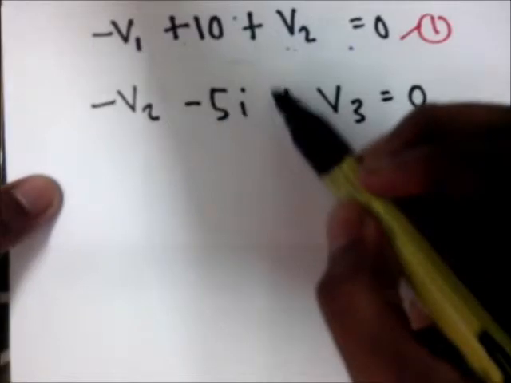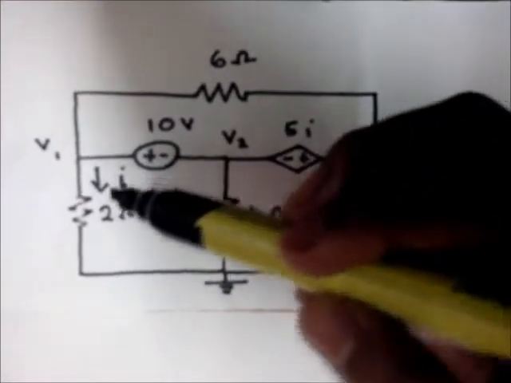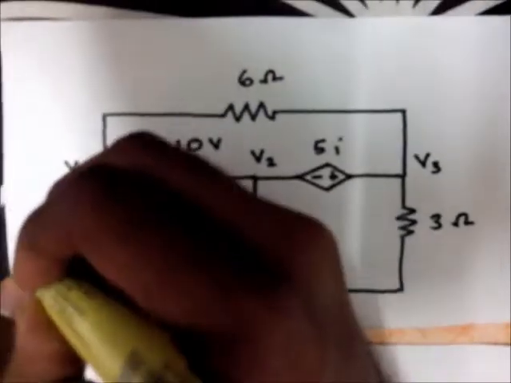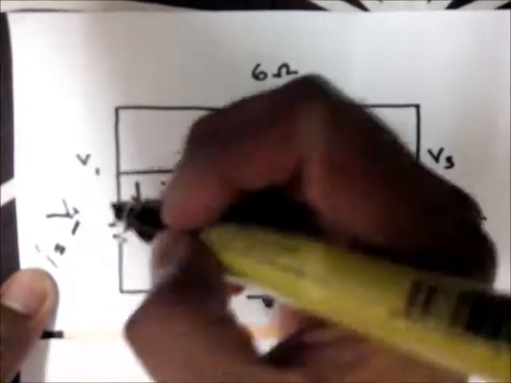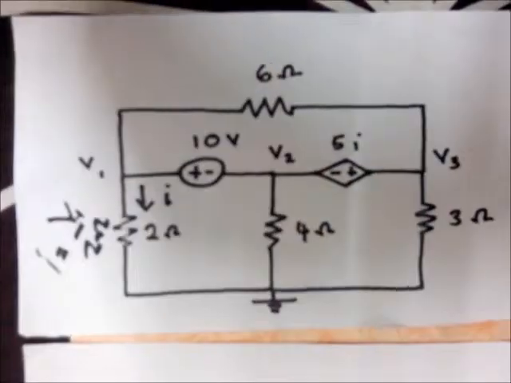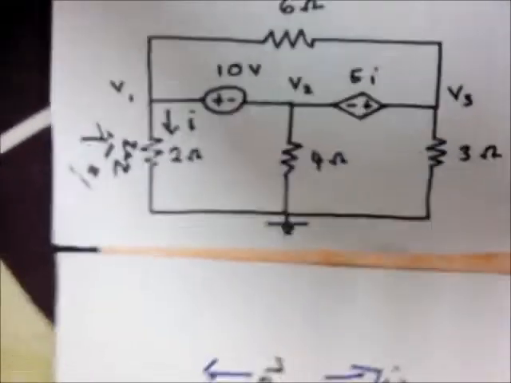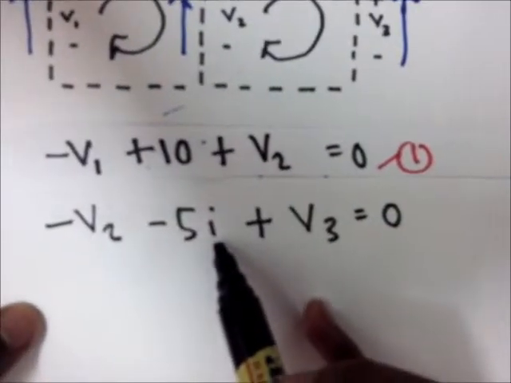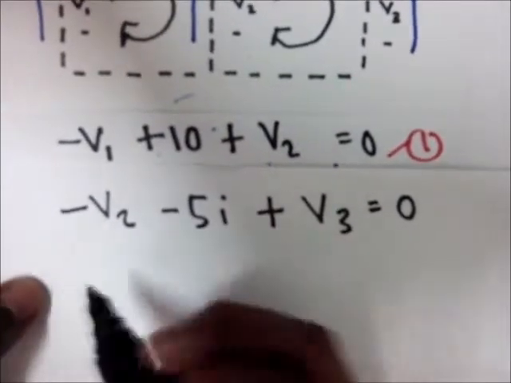Here we have 5i, so we look back at the earlier circuit, where the direction of I is shown. This I is equal to V1 over 2 ohms. So in this equation we must substitute I equals V1 over 2 ohms.